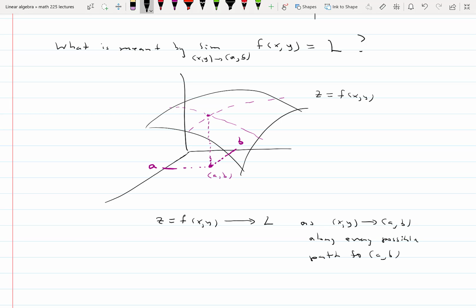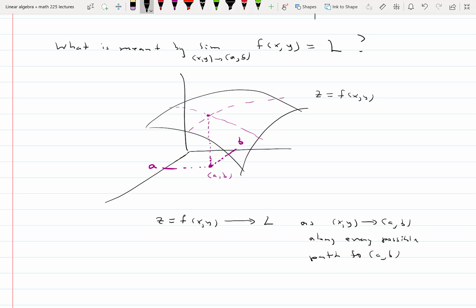The point xy doesn't necessarily have to touch AB. In fact, this limit has nothing to do at all with what's happening to the function at the point AB. Nothing at all. It's saying that the z values can be made really, really close to L.